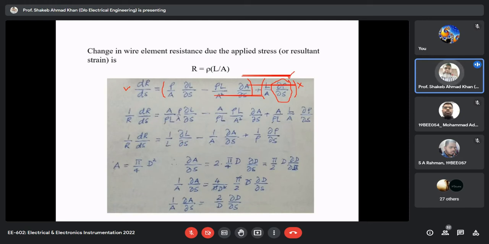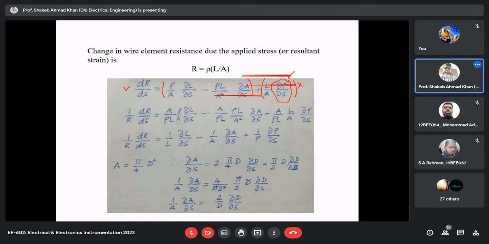So we'll further modify, because the cross-sectional area is pi upon 4 d square. The diameter is the diameter of the wire cross-section, and then we differentiated it with respect to the stress, and we got pi by 2 d and del d upon it.